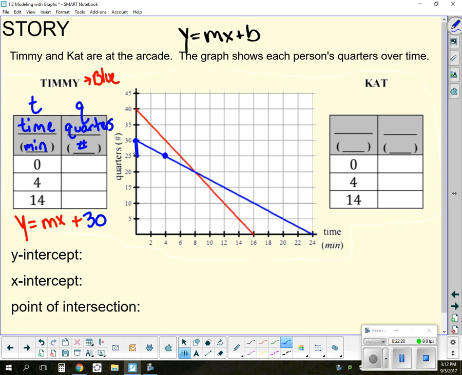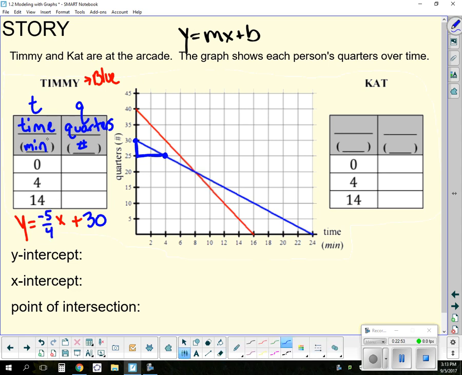It's not 1. From 30 to 25, you were counting by 5, so it's down 5. And you're over, it's not 2. Look at what you're counting by. You're counting by 2, so this would be 2, and this would be another 2 for a total of 4. So I'm going to erase my m, and I'm going to make it negative 5 over 4.